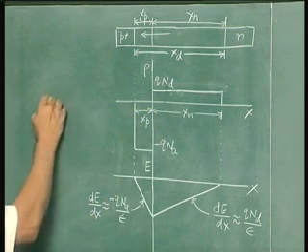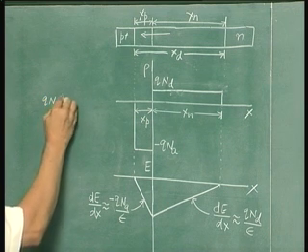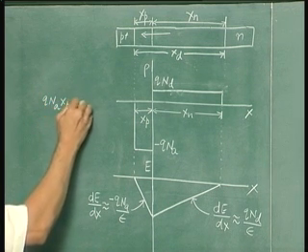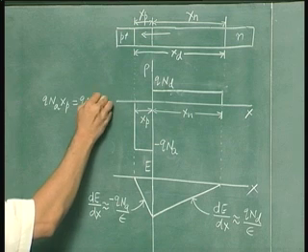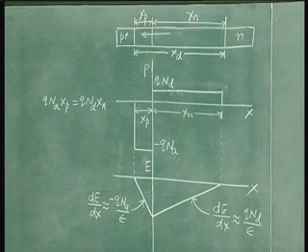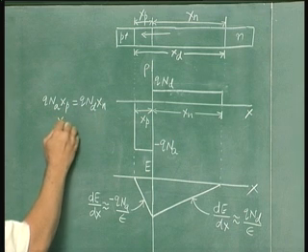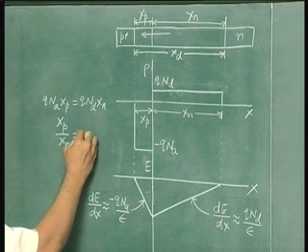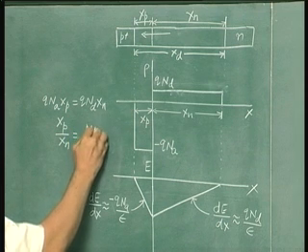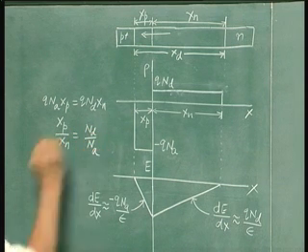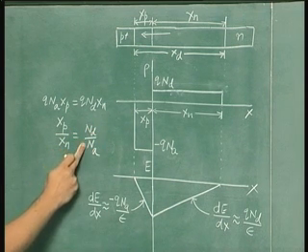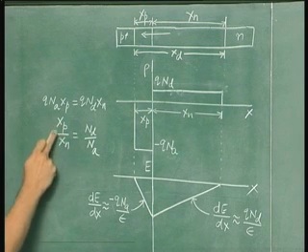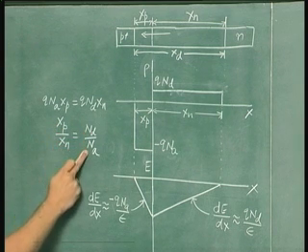So qNa xp is equal to qNd xn. So which means xp by xn is equal to Nd by Na. So this clearly explains why xp is less than xn if Nd is less than Na.